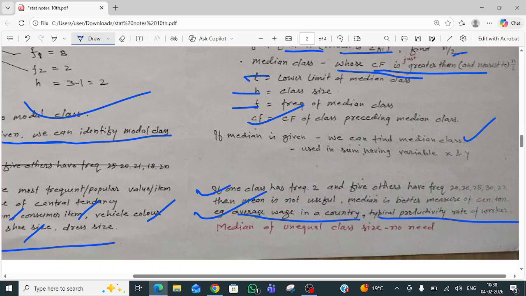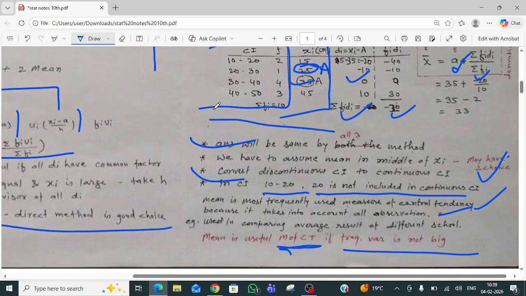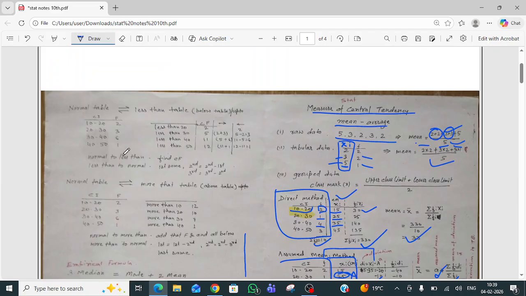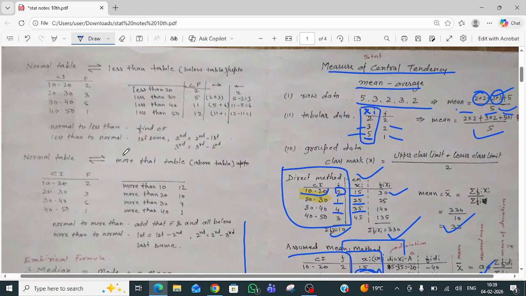The last thing in this topic is how to convert a less than table. They will give it in the question and ask you to make it a normal table. They will not ask how to make a normal table; they will ask you to find the mean, median, or mode.